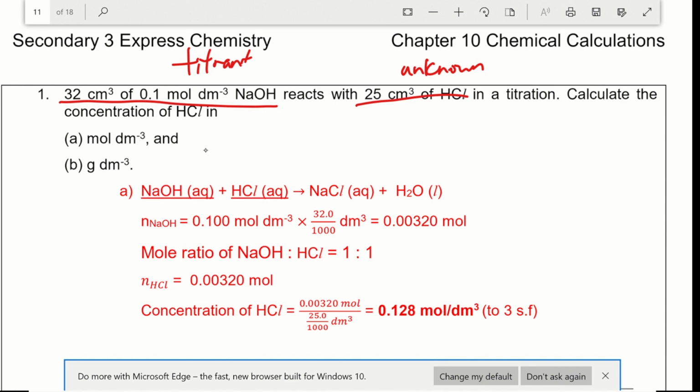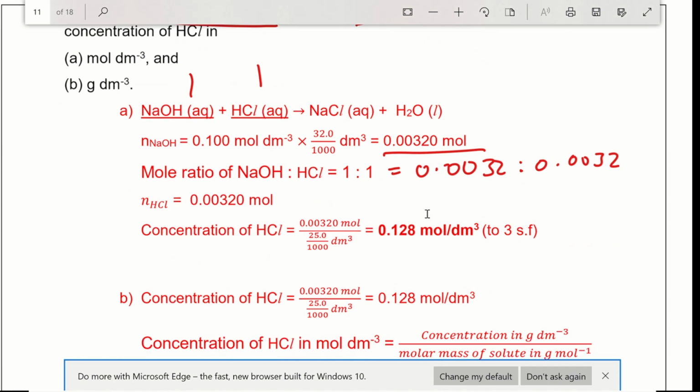From this equation I calculate the number of moles of my NaOH. So 0.0032 moles react completely with my acid. So 1 is to 1, it means 0.0032 is to 0.0032. Using the mole ratio, I can get this. To calculate the concentration, number of moles divided by volume, I'll get 0.128 mole per dm³ to 3SF.